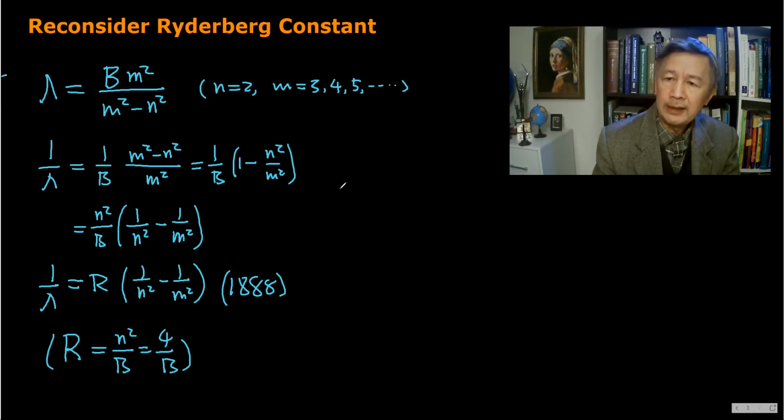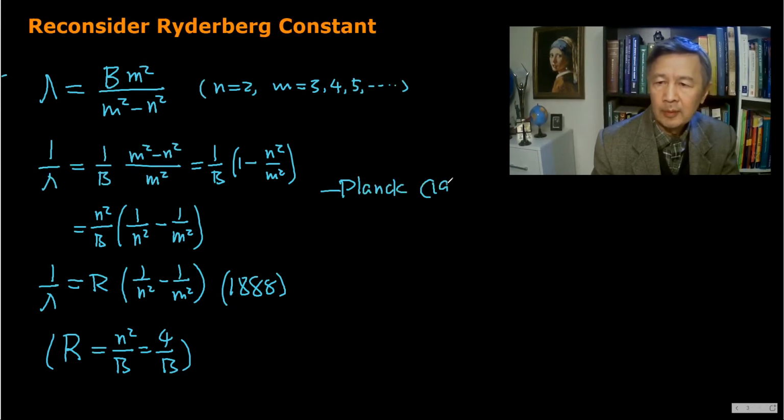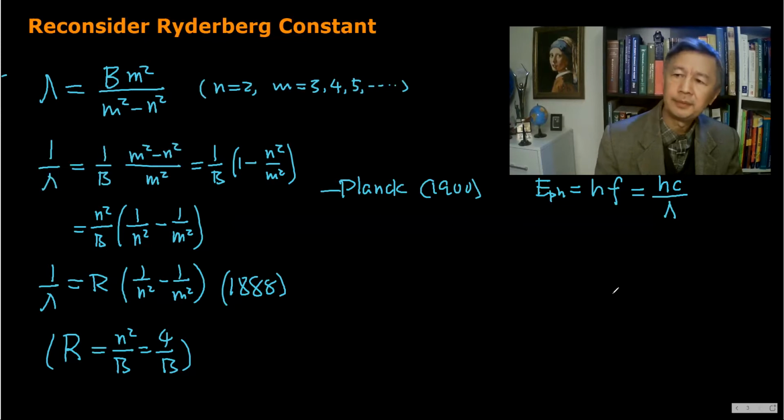So this is Planck's work: the energy of a photon can be written as h multiplied by the frequency, or in terms of wavelength, h multiplied by the speed of light divided by wavelength.